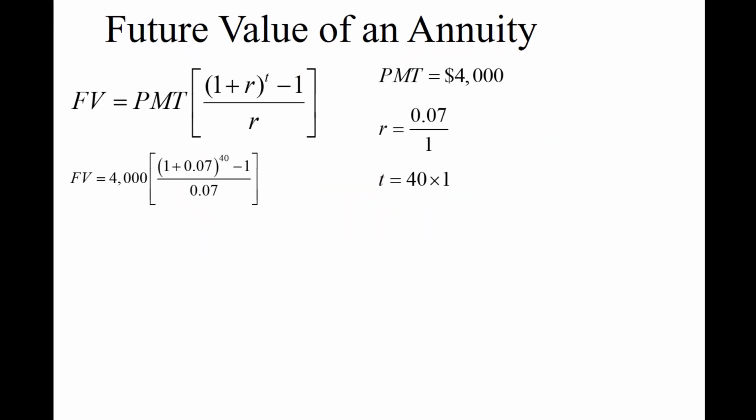So here we see our setup with our inputs on the right. And we get our future value is equal to $4,000 times the quantity of 1 plus 0.07 raised to the 40th power, minus 1, all over 0.07.